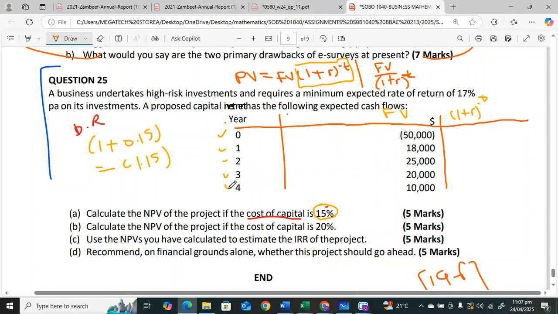Oh, you're not convinced with that, madam? Okay, the question I said here, if the cost of capital is 15%.